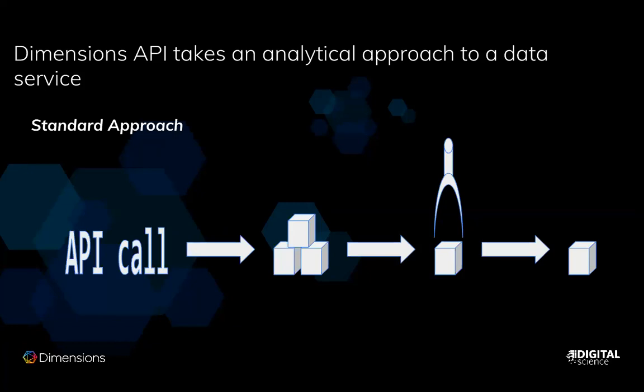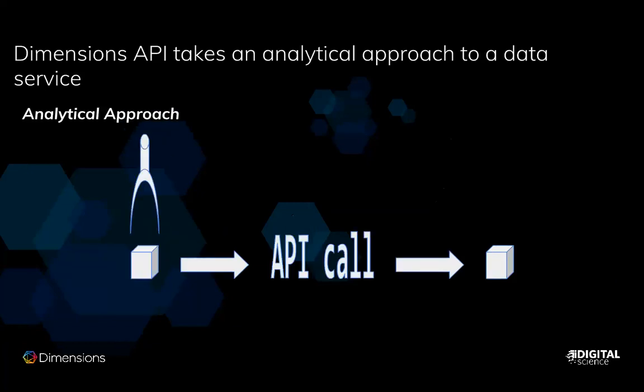But that would require a lot of work on your end to get rid of things that you don't need. But how we've constructed the Dimensions API is so that you ask very specifically what you need up front. Then you call our API, and then you get back exactly what you need. So take an analytical approach to building the API.